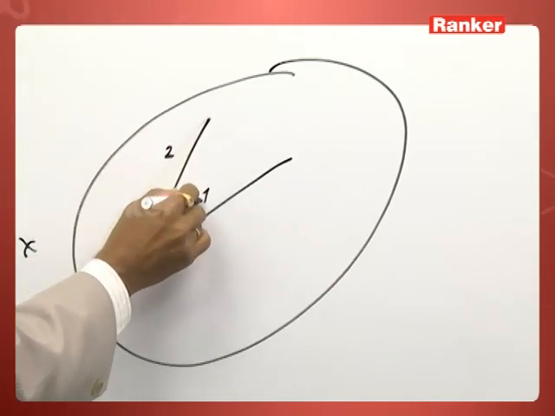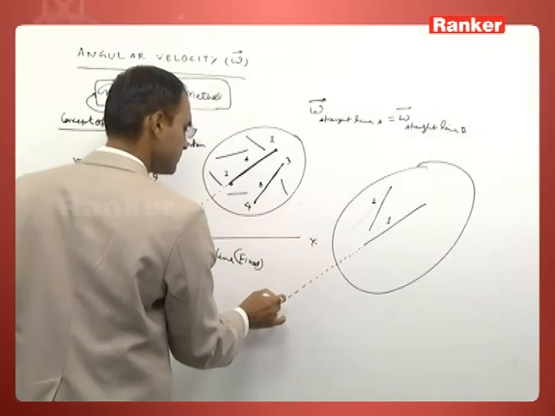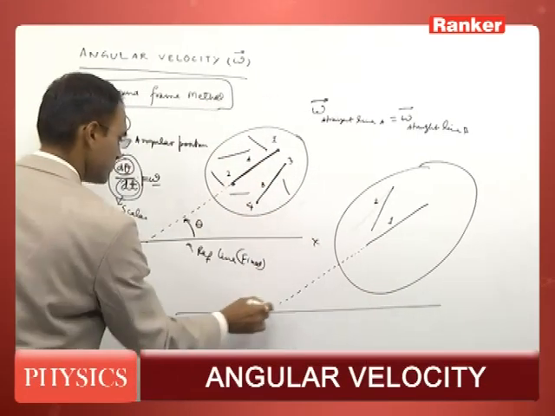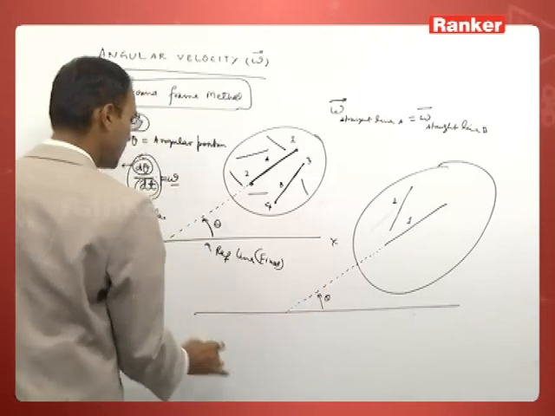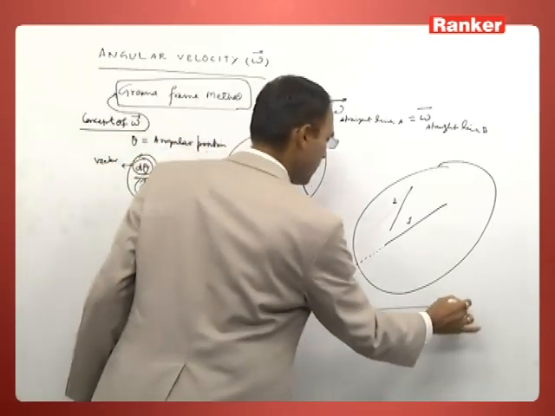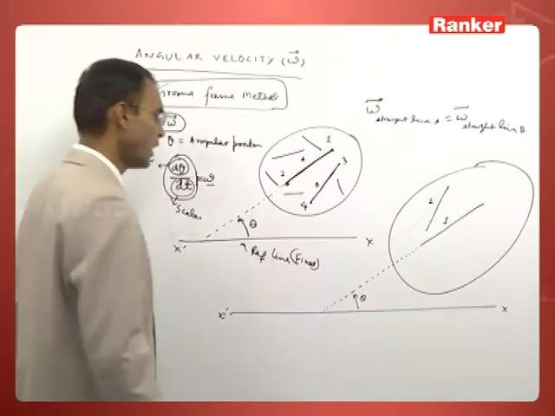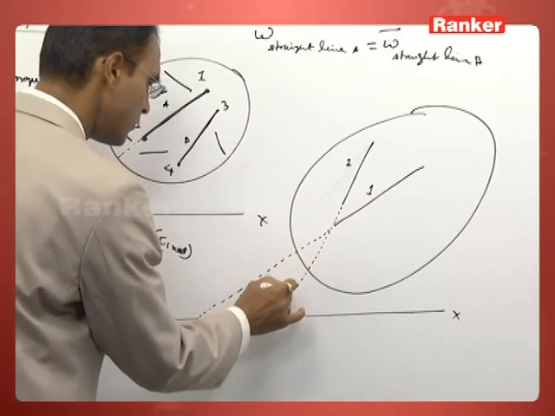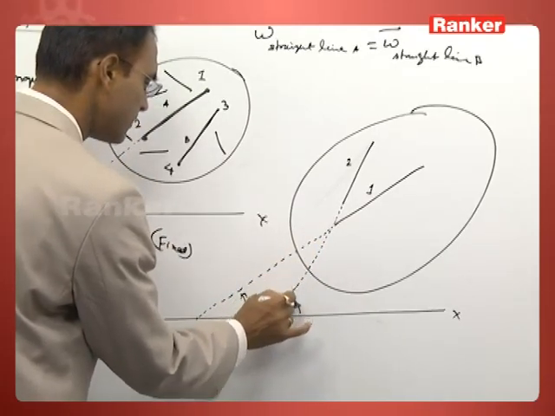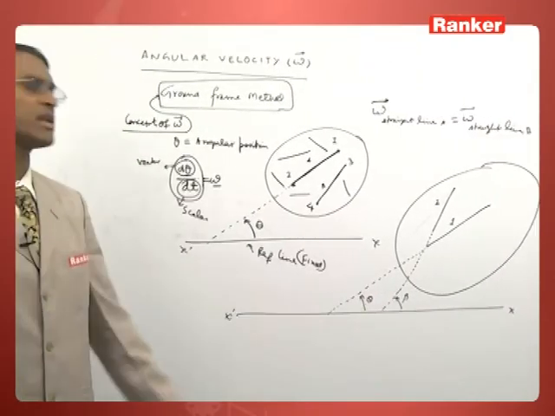Let the straight line 1 subtend an angle theta with respect to this reference line. Let the straight line 2 make an angle beta with respect to this fixed reference line.